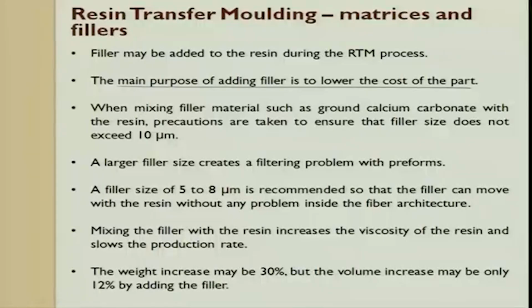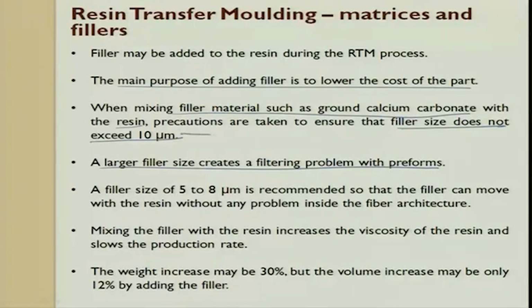The filler material such as calcium carbonate is added. Calcium carbonate is basically to add thickness and give a shape, or to reduce the resin usage. The filler size does not exceed 10 microns. It is just blended and dispersed, or it can even slowly dissolve. Large size fillers will create a problem, because they will restrict the flow.